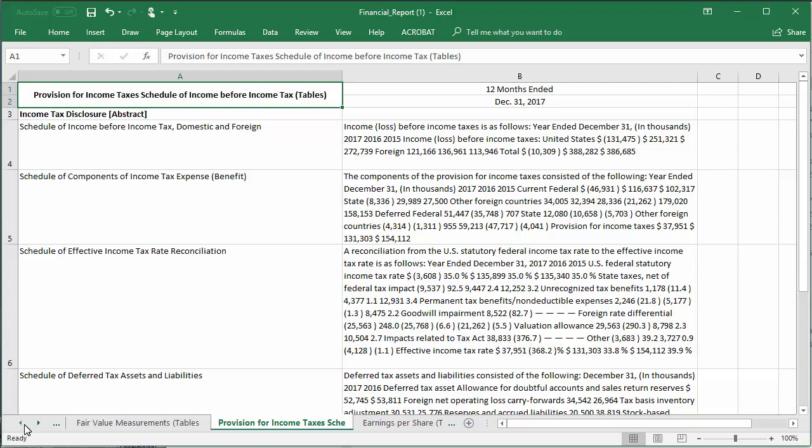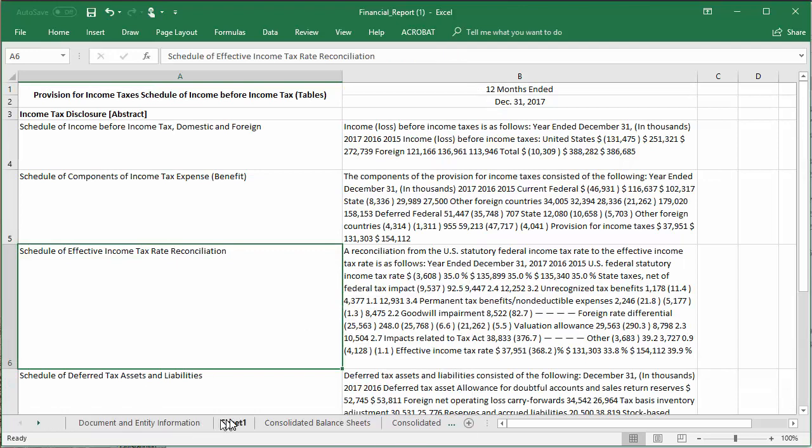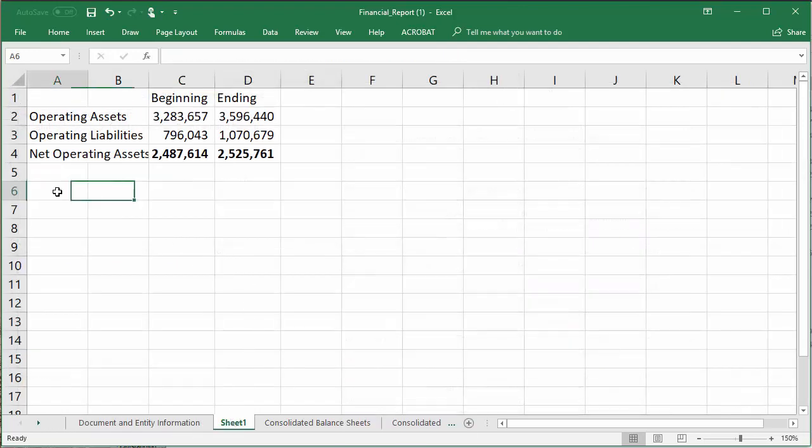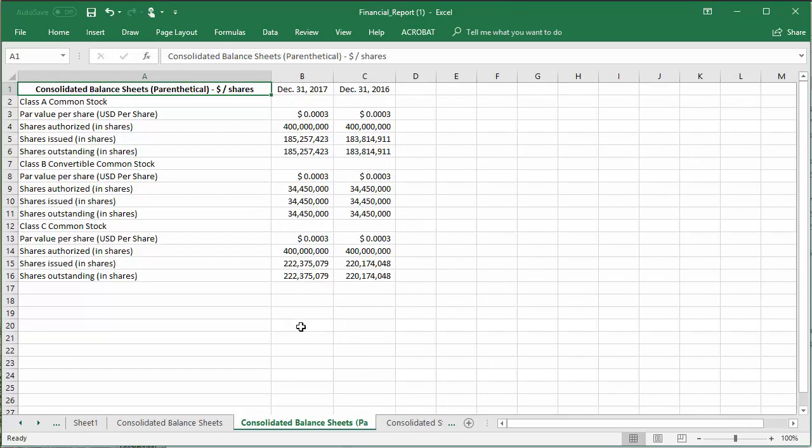It's easier if you look at it in the PDF. So their effective tax rate is 33.8%. You may also want to look at the state income tax rate. I'm going to save the trouble to do that. It's 0.338.